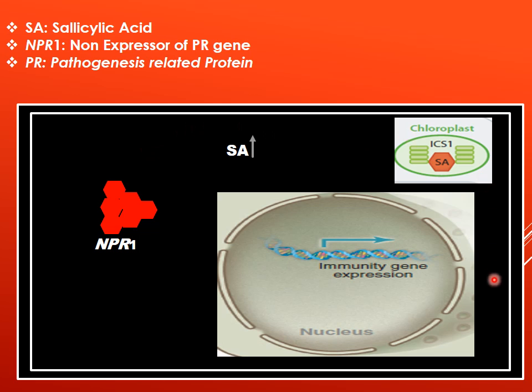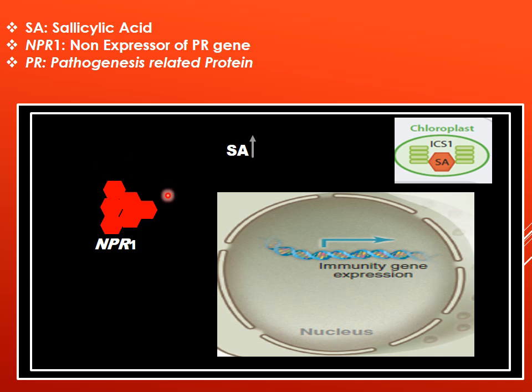Here, there is a plant cell. Salicylic acid is produced in the chloroplast by a pathway which is known as the ICS1 pathway. About 90% of the salicylic acid is produced by this pathway.